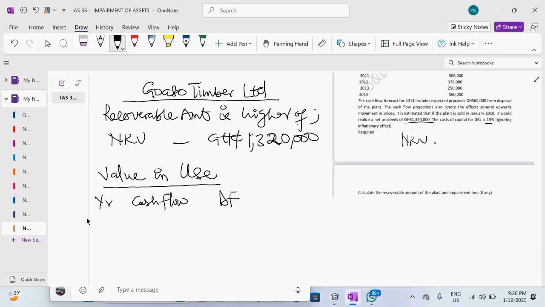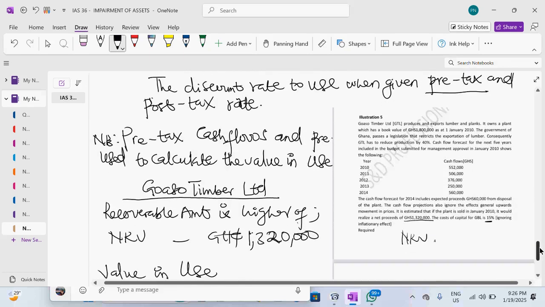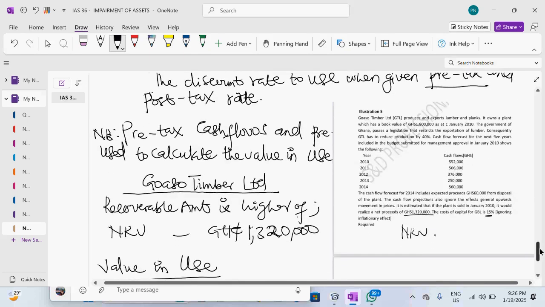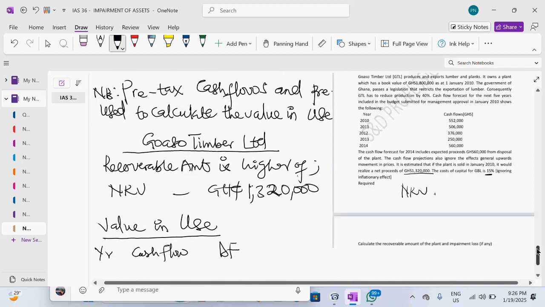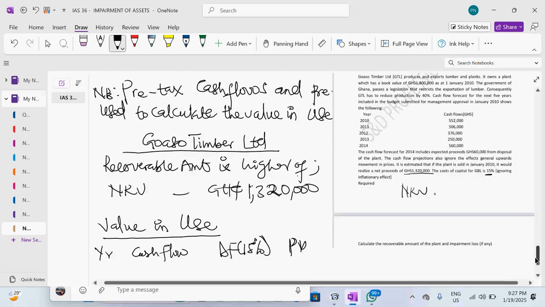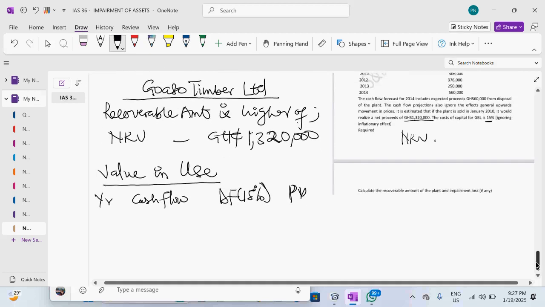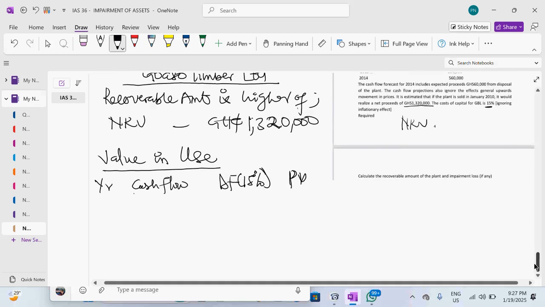What is the discount factor from the question? The cost of capital is 15%. And then we can get our present value, because the value in use is interested in the present value. We are discounting all these cash flows into the present value.